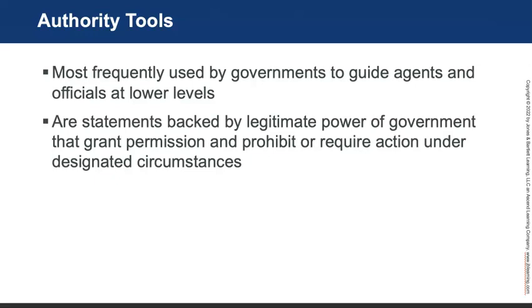That's an authority tool. If there's a law or a regulation, it'll either say that you can do something or you can't do something under designated circumstances, and you have to obey it or there's repercussions. So it's an authority. The government has an authority figure.